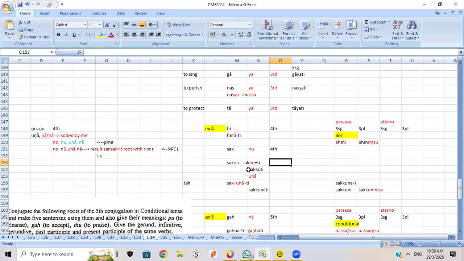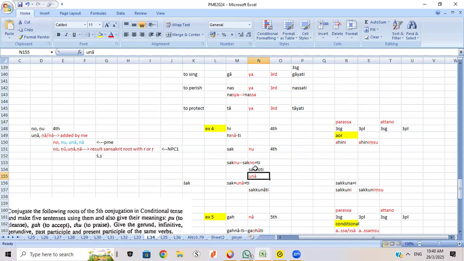So you can use this because in Sanskrit the sun has a diacritic mark. This KN, you cannot have like Saknoti. Sanskrit is exactly Saknoti, you know.